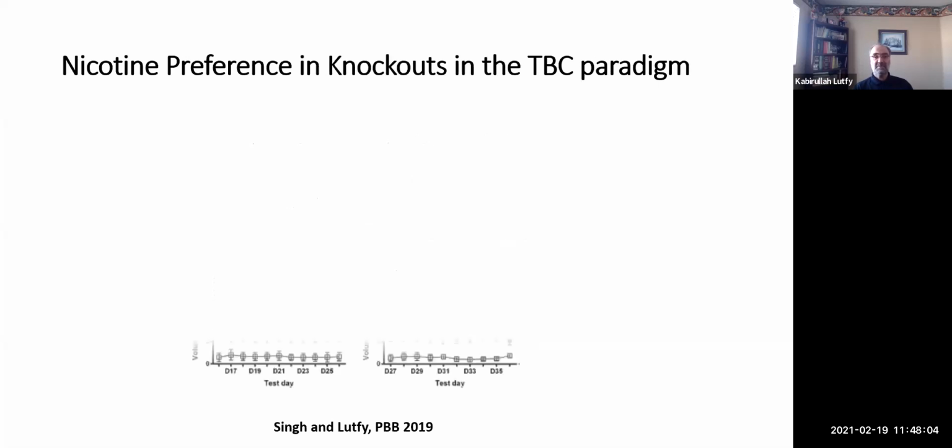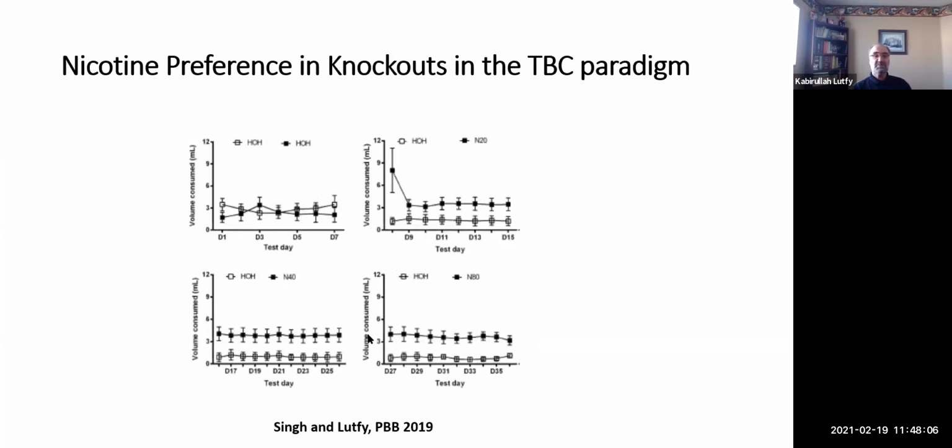Those knockouts, despite the fact they didn't have initial preference, when we gave them access to nicotine, boom, they drank a lot of it the first day of nicotine, and then they seem to be staying up still compared to the water side.